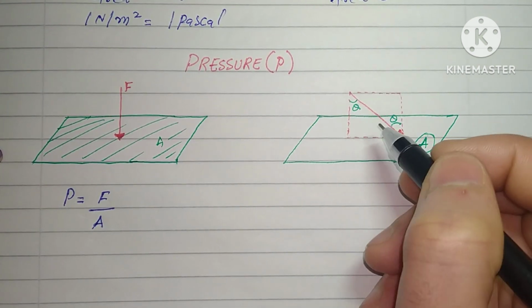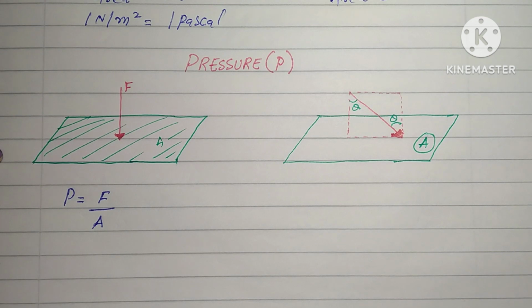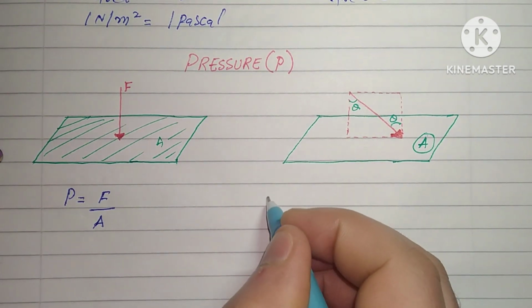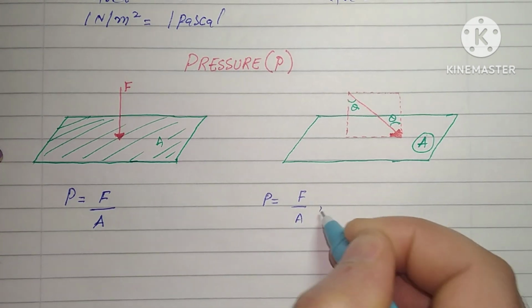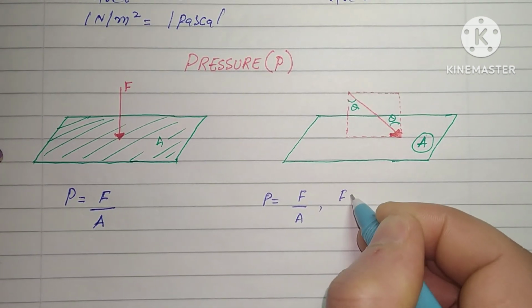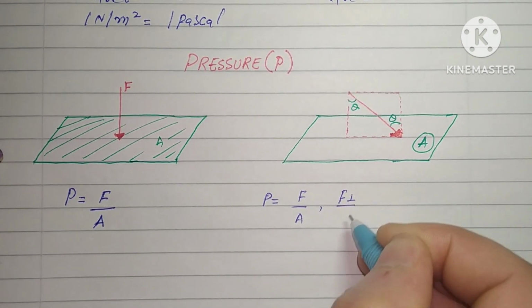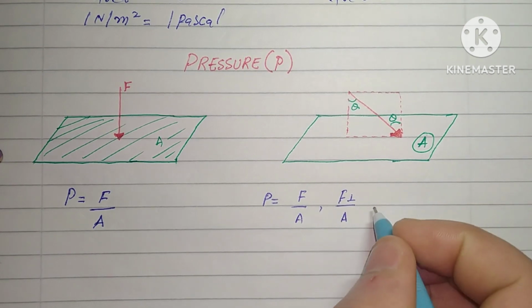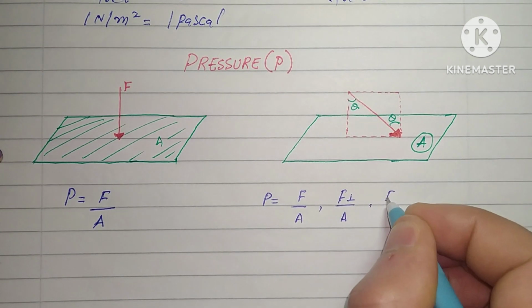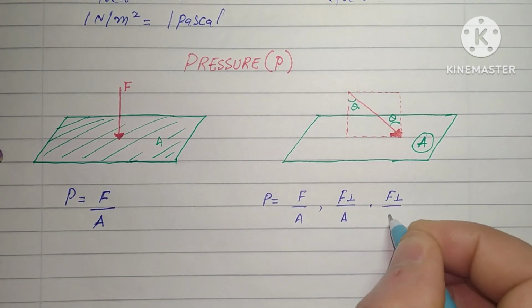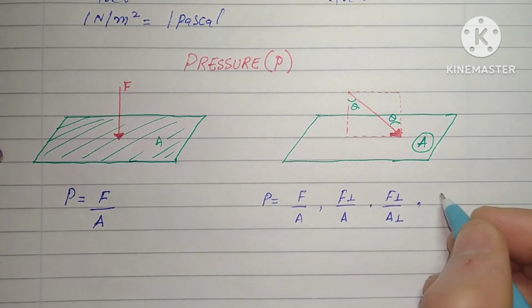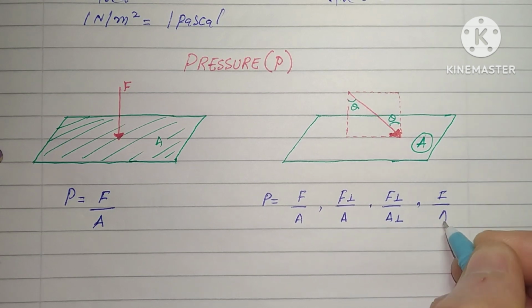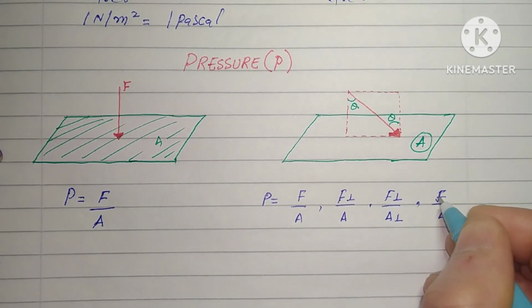Here what will be the pressure? Pressure is force per unit area. Is pressure the perpendicular component of force divided by area, or perpendicular component of force divided by perpendicular component of area?